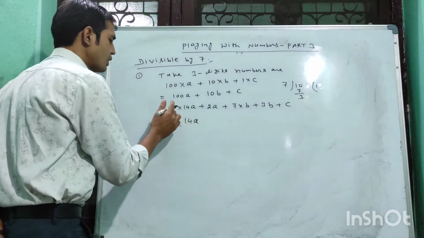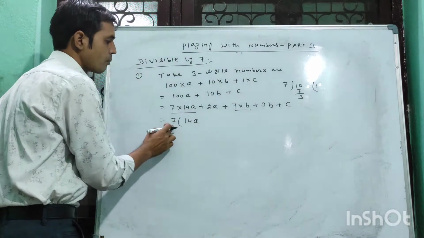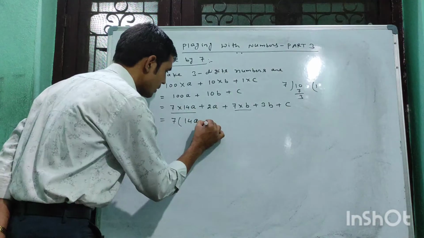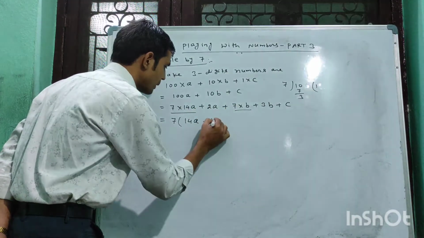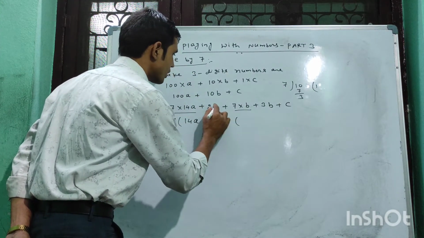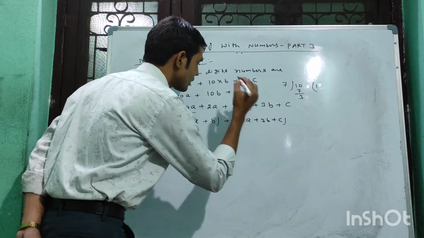Now we took 7 as common from this term and this term. Then we get 14A plus B. Then the remaining terms you can write: 2A plus 3B plus C.